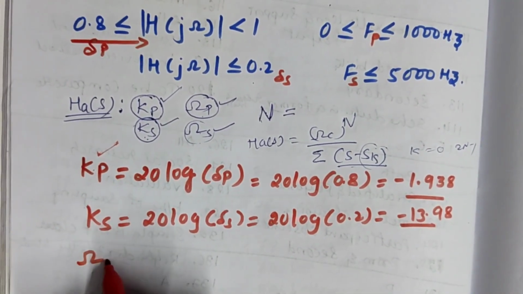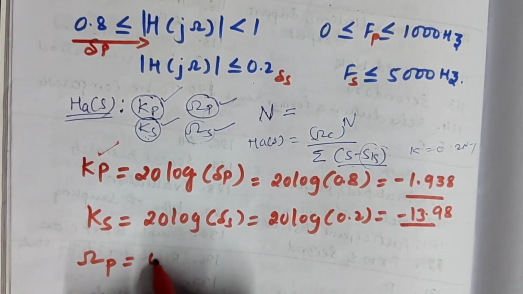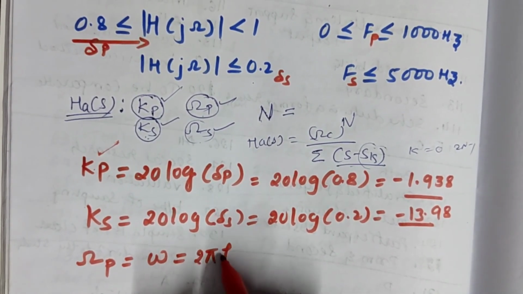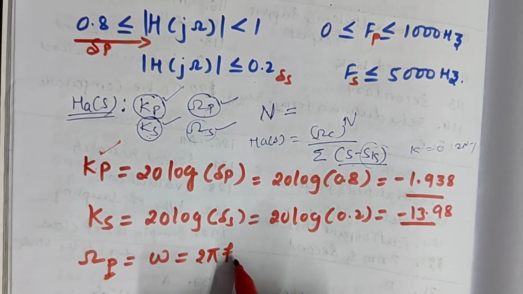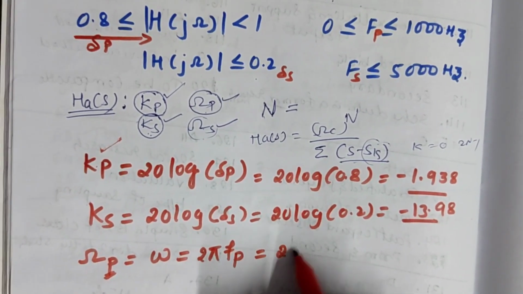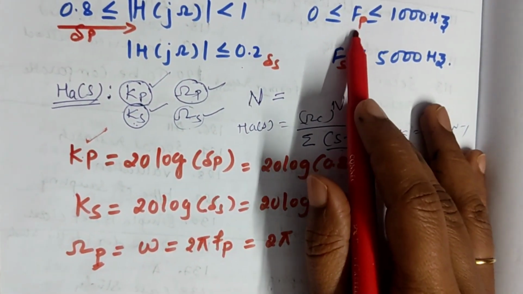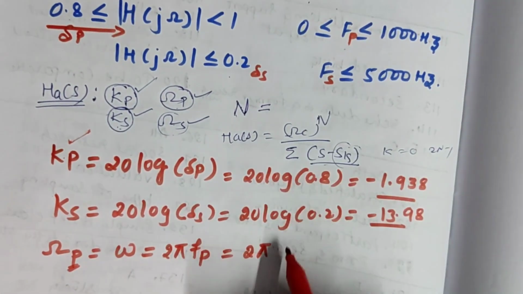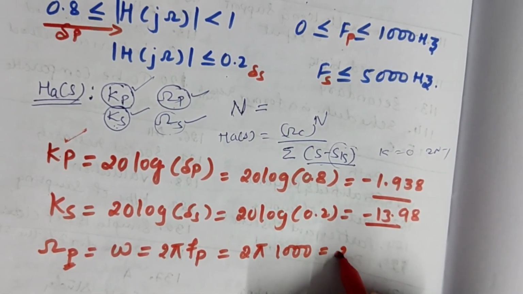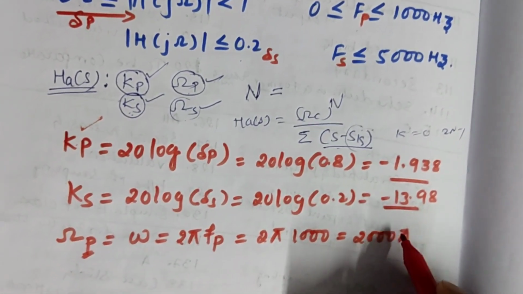Next, we have to calculate omega P. Omega is nothing but 2 pi f. So f with respect to the passband, we will take it as 2 pi fp. Since 2 pi is a known factor and fp is given here as 1000 hertz, into 1000 hertz comes 2000 pi.